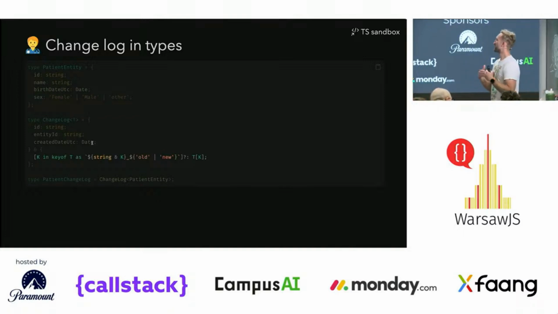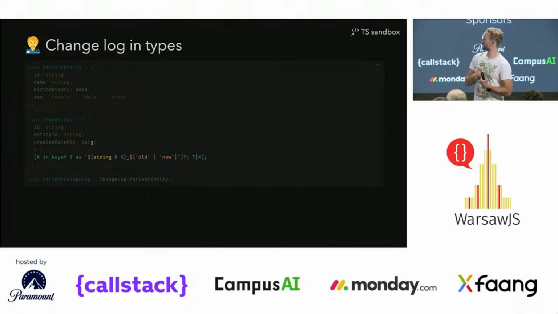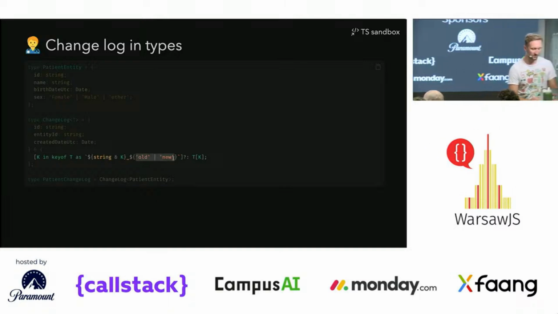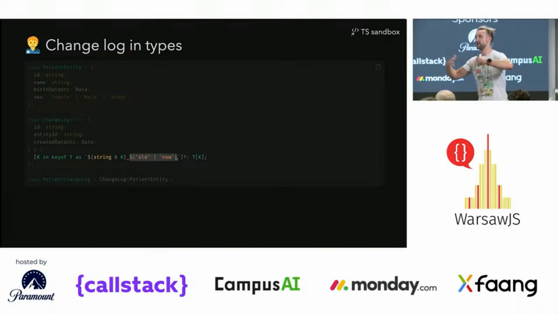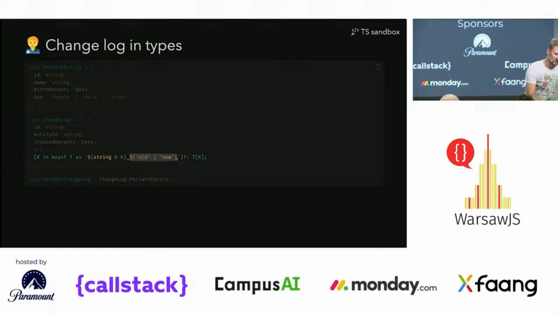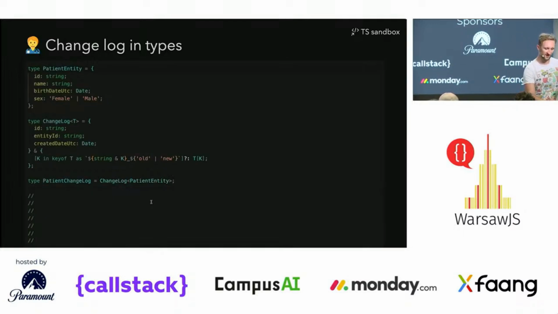plus for each given field from the given type, from the T type, we will create not one, but actually a pair of fields, with old and new prefix. Why? Because here I just put the union, so it will have to create actually both. And don't trust me, trust the code.